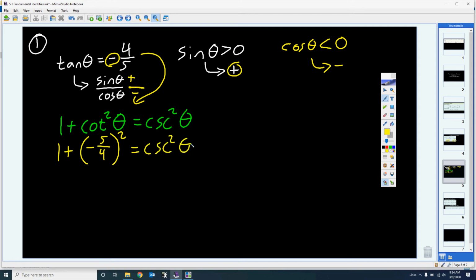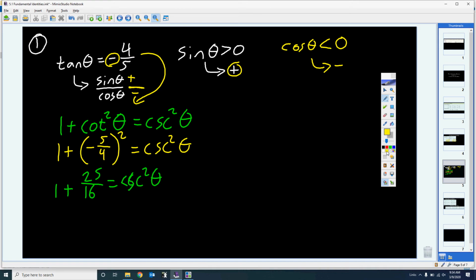Well, when I square a negative, it becomes positive. When I square 5, it becomes 25. When I square 4, I get 16. So 1 plus 25/16 equals cosecant squared theta.